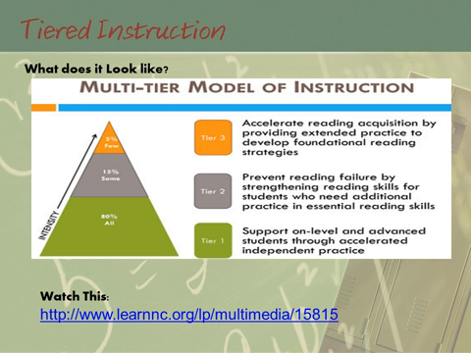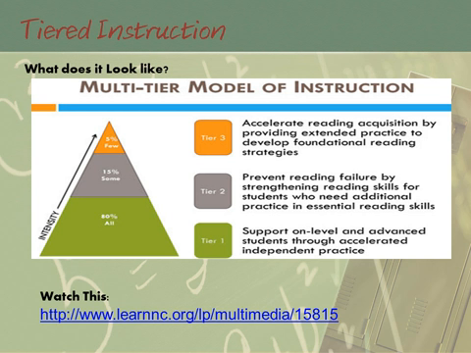Here's a pictorial representation of what tiered instruction might look like. In Tier 1, we want to support on-level and advanced students through accelerated independent practice. In Tier 2, we work to prevent reading failure by strengthening reading skills for students who need additional practice in essential reading skills.